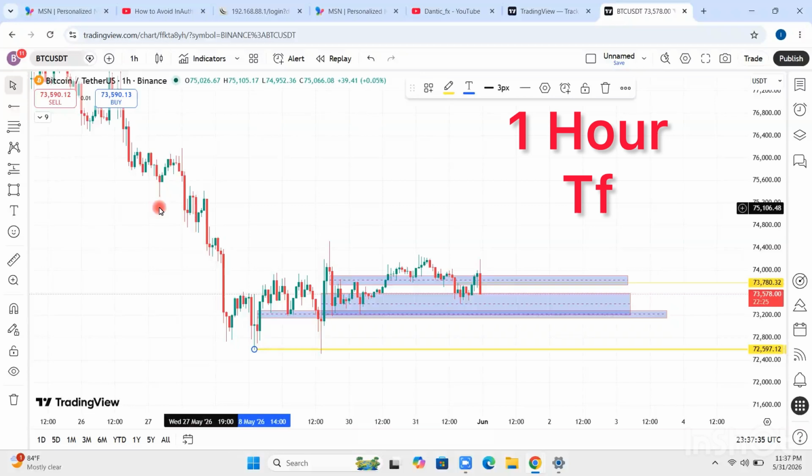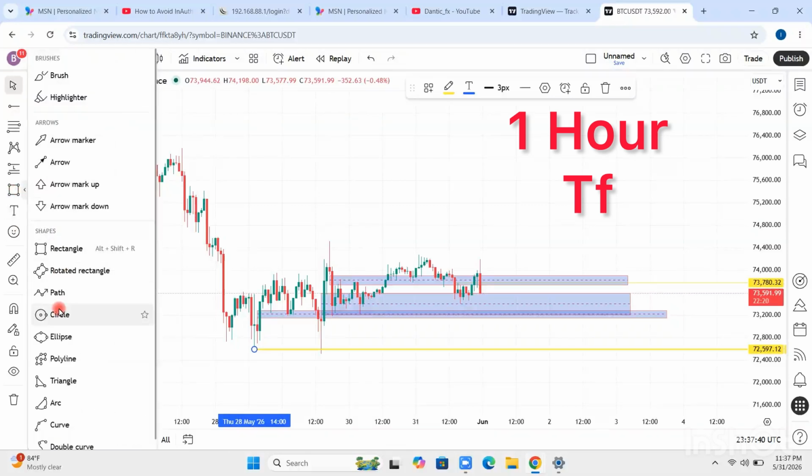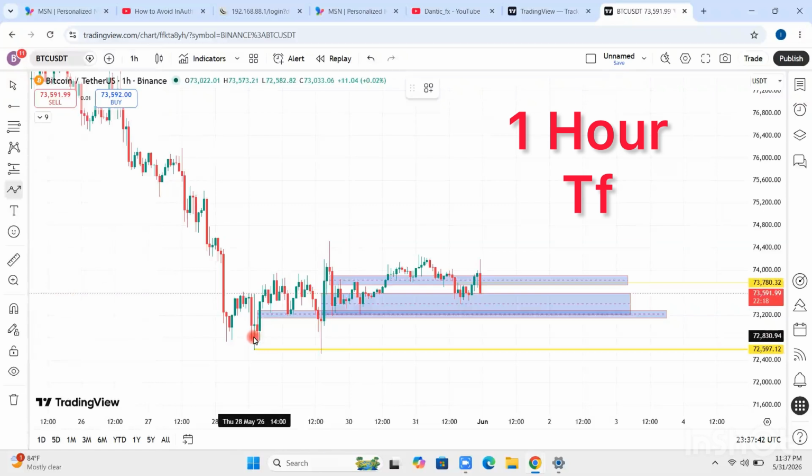Like I told you, we had some sweep around this zone. The market created double bottom, and made a new higher high, and we swept those double bottoms, and the market created another higher high.